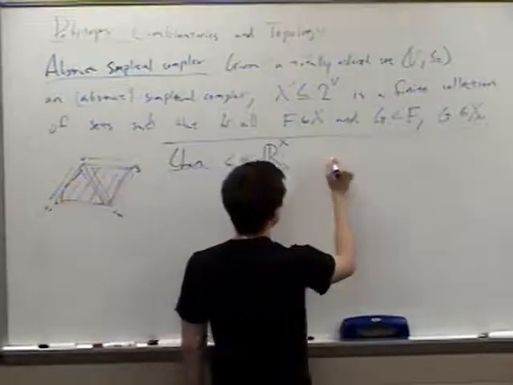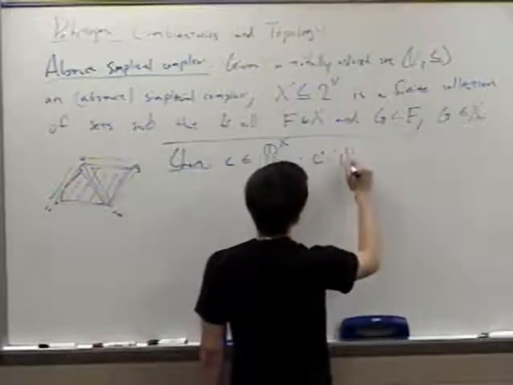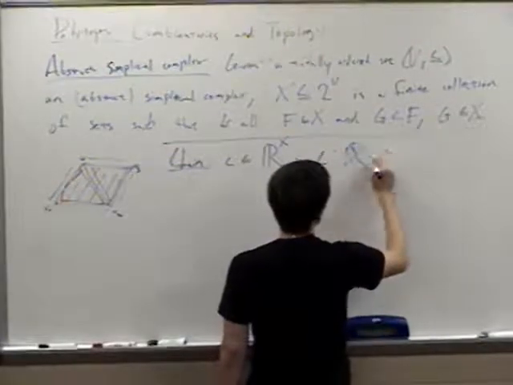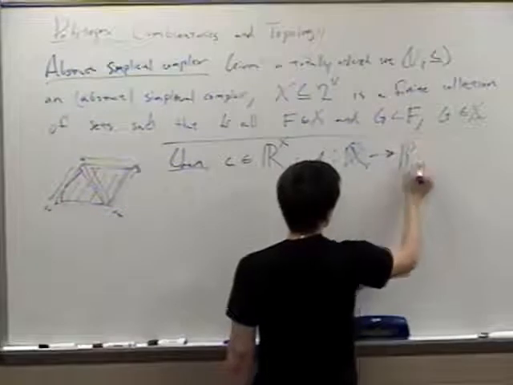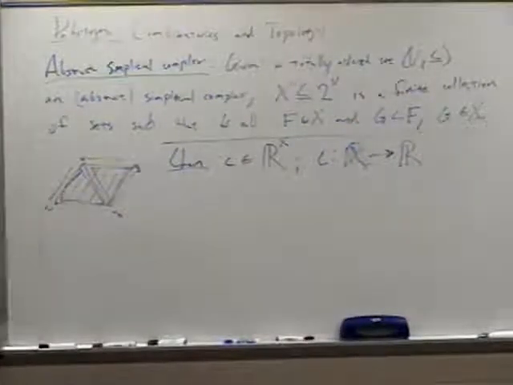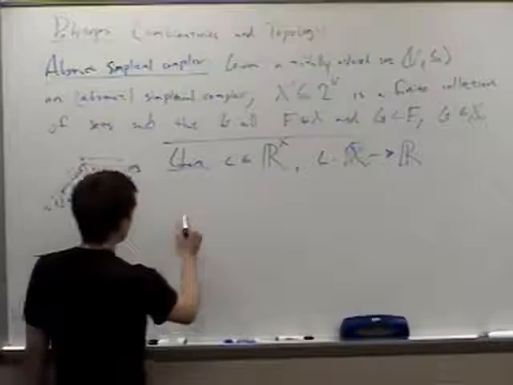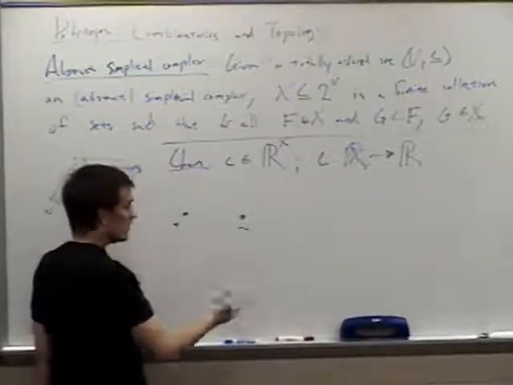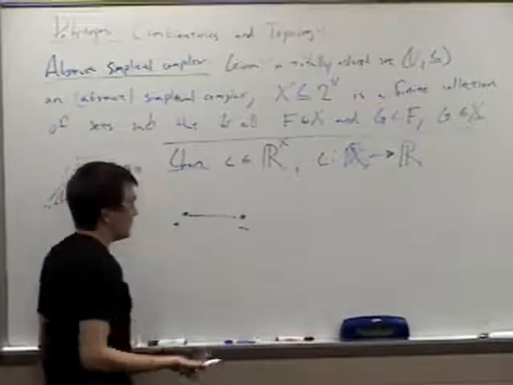That is, the type of c is X maps to R, right? In the same way that 2 to the V is sort of the power set, here we're looking at the space of all real valued functions on the complex. So we can think of this as a vector space where the basis elements of the space are the cells in the cell complex. So for example, if I have a point here, I could have another point here, and I could add them together and maybe connect them with a line.